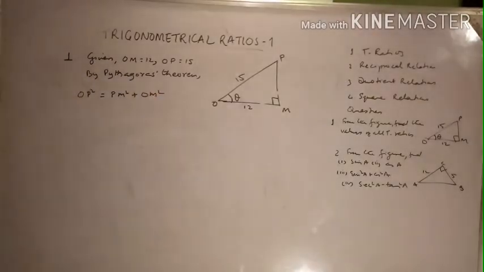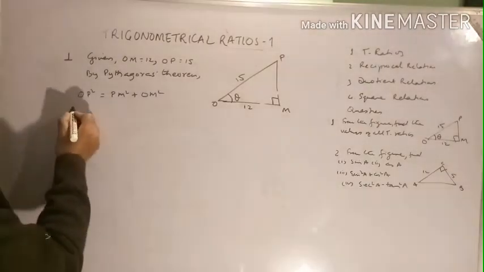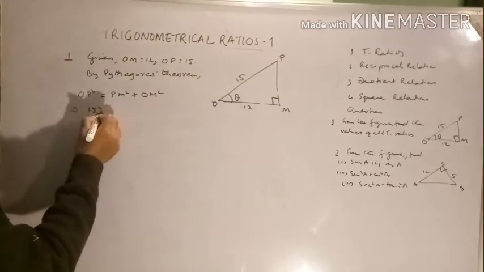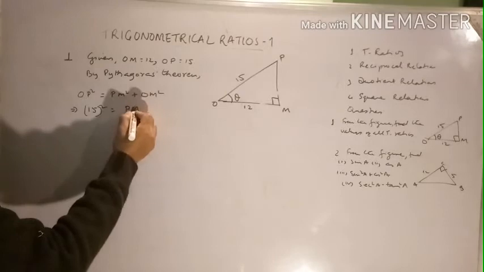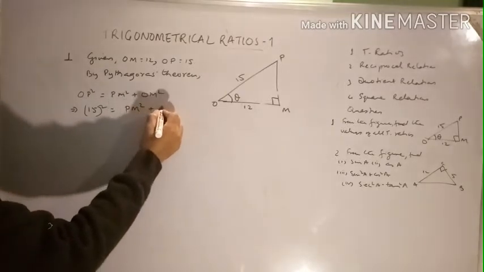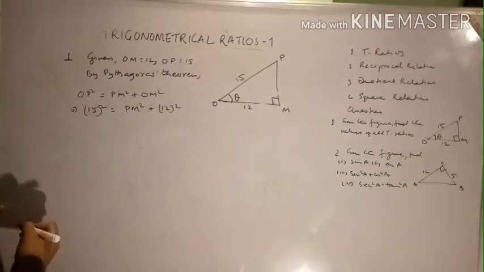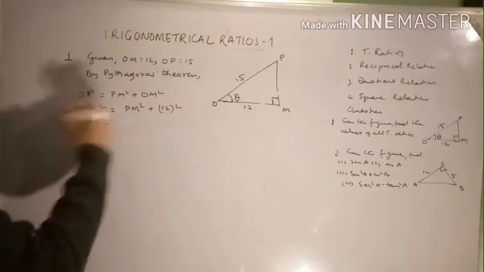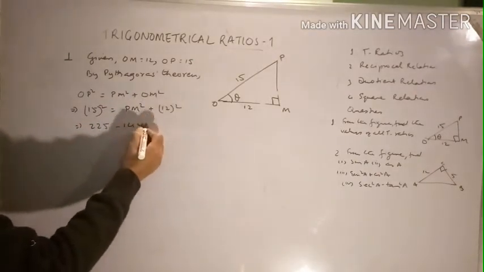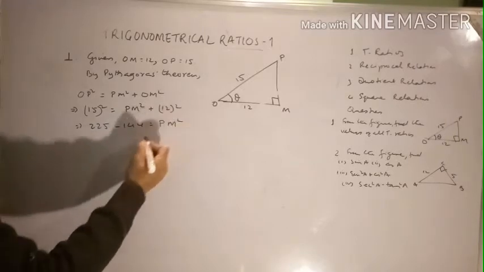OP is given as 15 here, so 15 square equals PM square, which we have to find, plus OM square, OM is 12, so 12 square. So 15 square is 225, and 12 square comes to this side, minus 144 equals PM square.